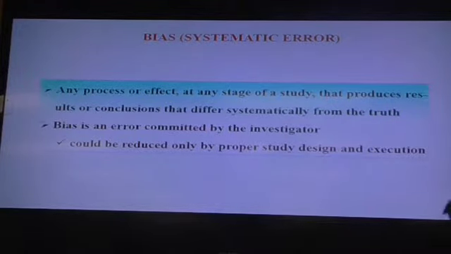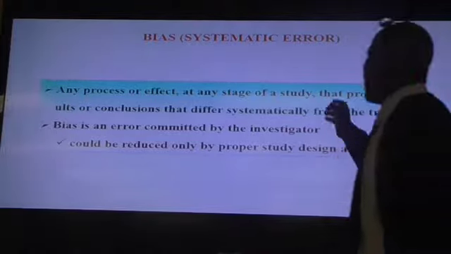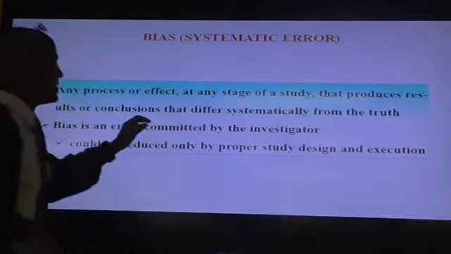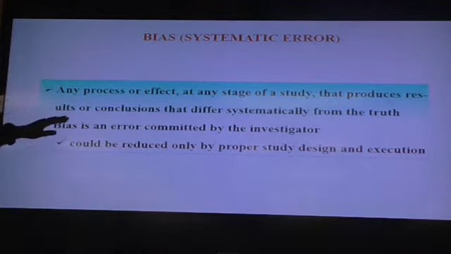So again, looking at bias or systematic error, this is any process or effect at any stage of a study that produces results or conclusions that differ systematically from the truth. Bias is really not only during study design.